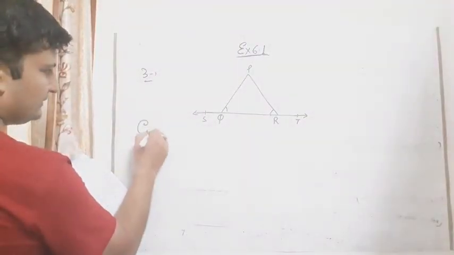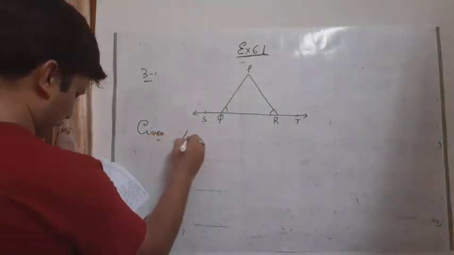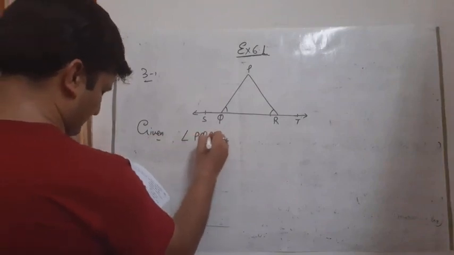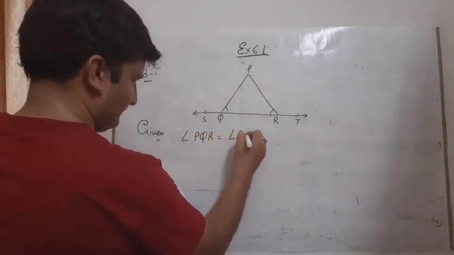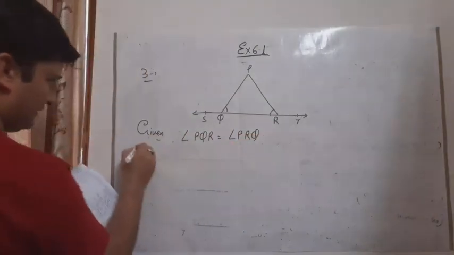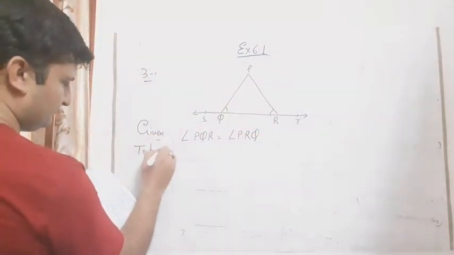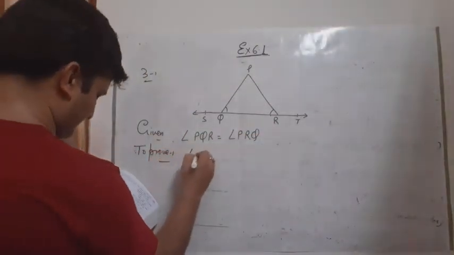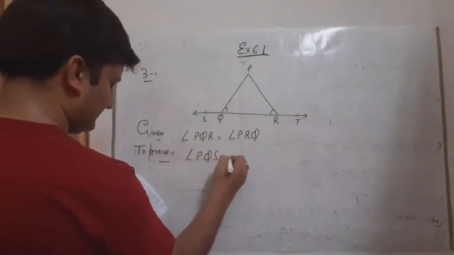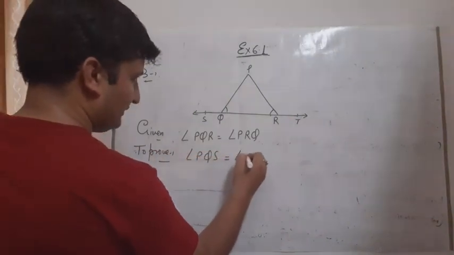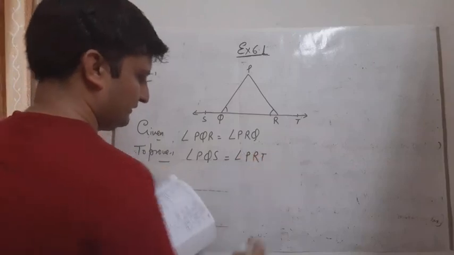So write it down first. Given: angle PQR is equal to angle PRQ, and to prove: angle PQS is equal to angle PRT.